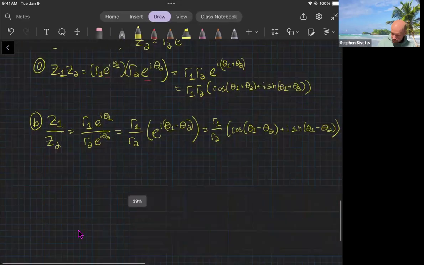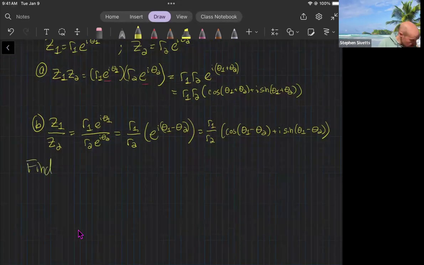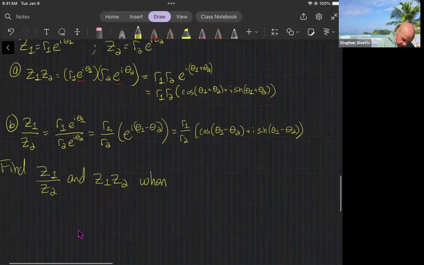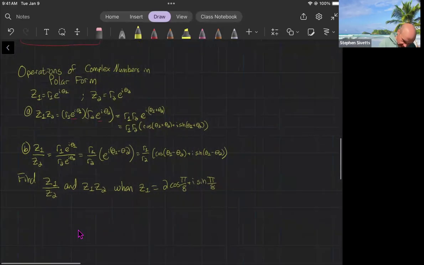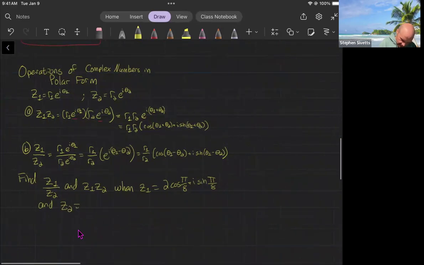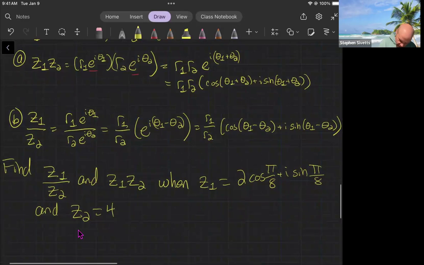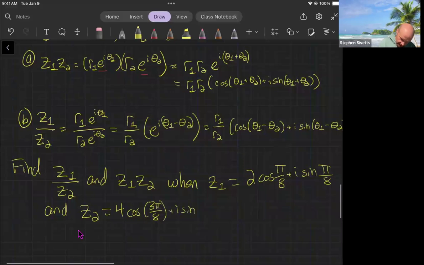Okay. So as an example, find Z1 divided by Z2 and Z1 times Z2, when Z1 equals 2 times (cosine of pi over 8 plus I sine of pi over 8), and Z2 is equal to 4 times (cosine of 3 pi over 8 plus I sine of 3 pi over 8).